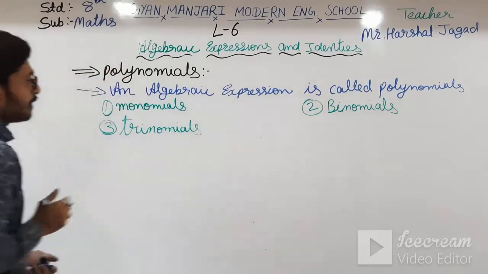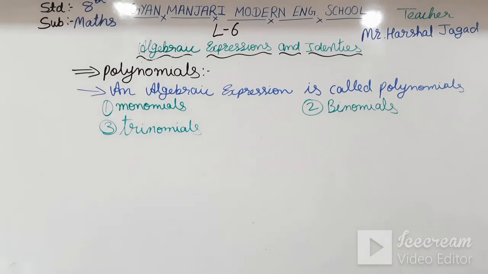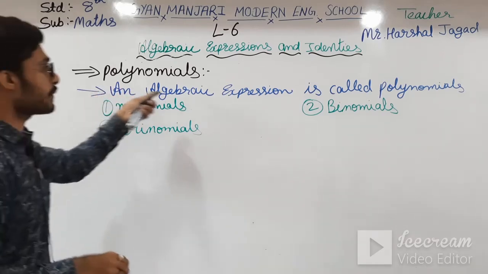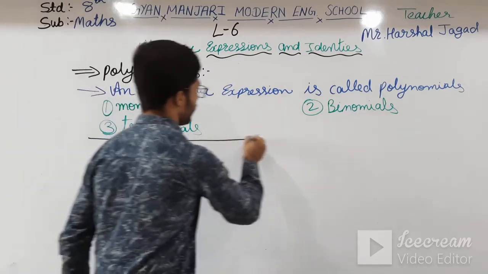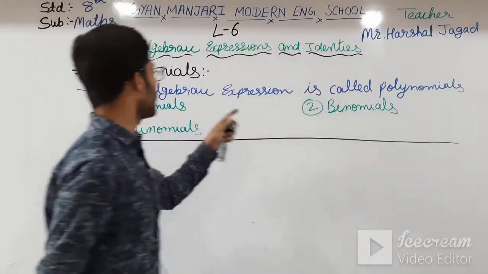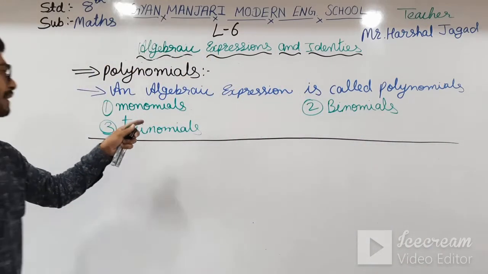Okay students, monomials, binomials and trinomials. First of all we will see what is a polynomial, then after that we will see its types, that is monomials, binomials and trinomials.